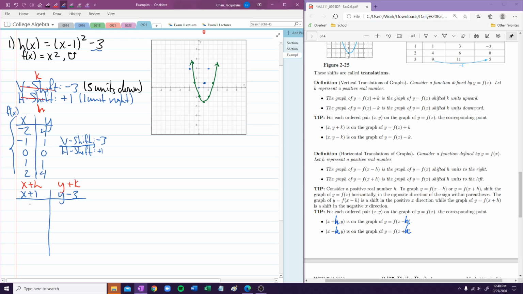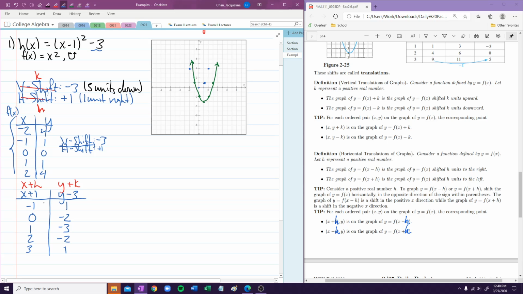So negative 2 plus 1 is negative 1. Negative 1 plus 1 is 0. Then 1, 2, 3. Y minus 3, so 4 minus 3 is 1. 1 minus 3 is negative 2. 0 minus 3 is negative 3. 1 minus 3 is negative 2. And 4 minus 3 is 1.